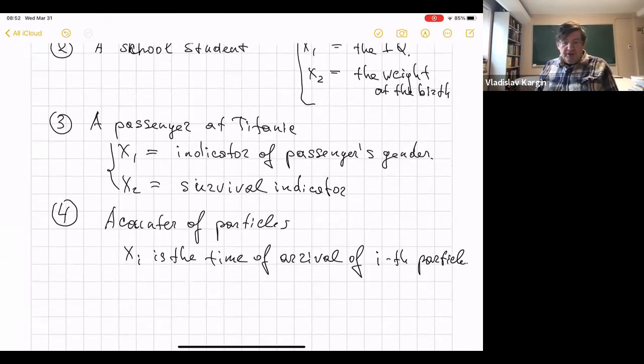Now another example: in principle the number of variables can be very, very large. If you look at, for example, an image, this is a random image.